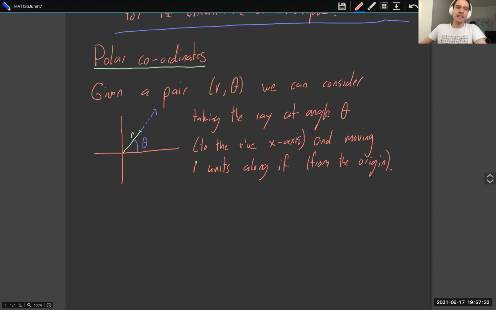And so this scheme is a different way of referring to points in the plane. This scheme is a different coordinate system for referring to points in the plane.